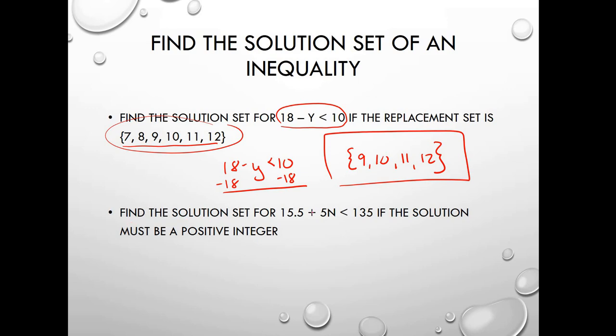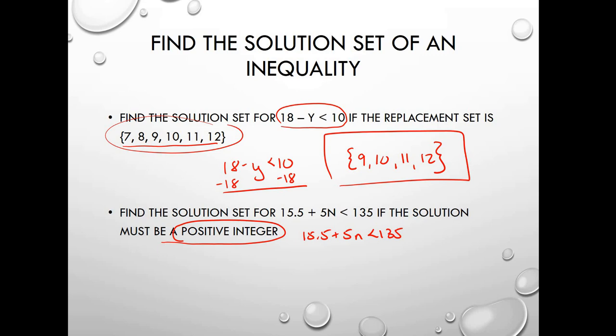Find the solution set for 15.5 plus 5n is less than 135, if the solution must be a positive integer. So this time, instead of giving me a set of numbers, they've given me kind of a description of what my answers can be. So let's subtract 15.5. Whoops, hold on.